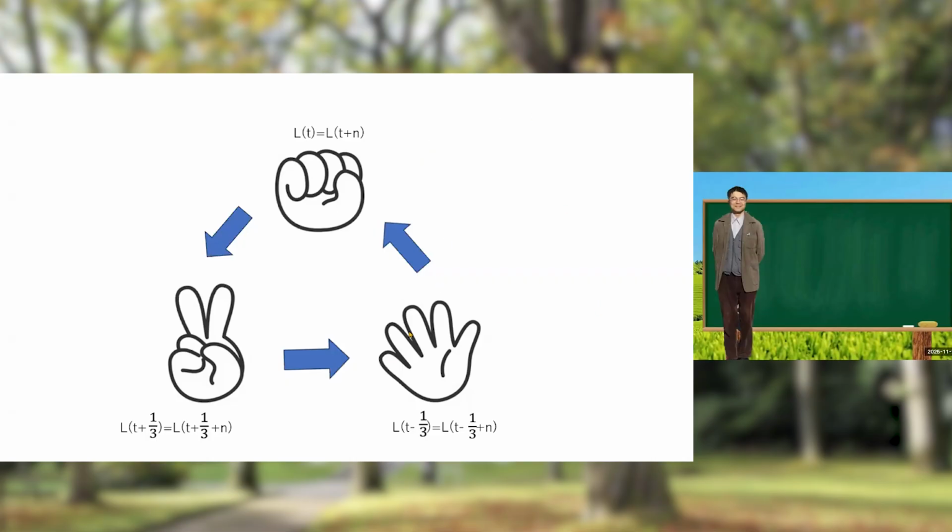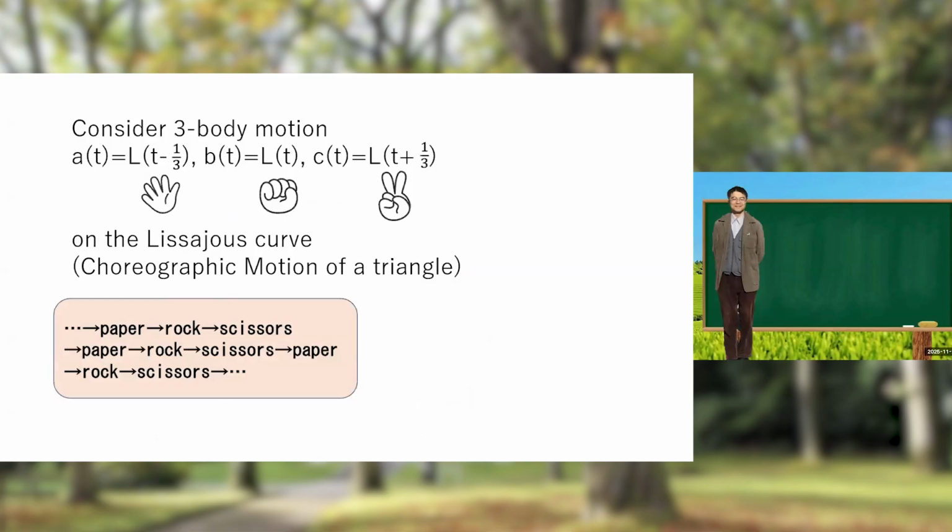So this kind of relationship occurs for the three bodies in motion on the Lissajous curve. For example, this is the famous figure 8 three-body motion, and paper, rock, and scissors chase each other or run away from each other in these relations.